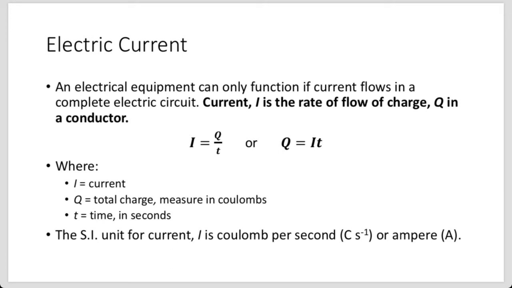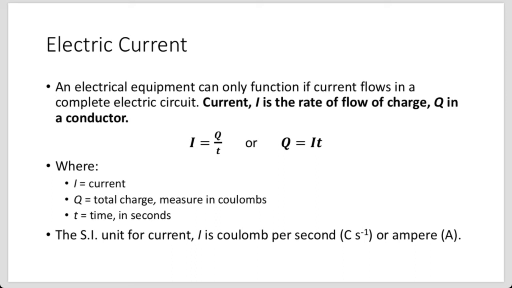So either we can use the first one to calculate the electric current, or how much current is flowing in a second, or we can use the second one to figure out what is the total charge of something. So I is current, Q is total charge measured in coulombs, and T is time in seconds.